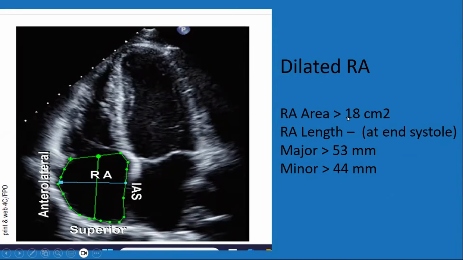The RA area is independently considered abnormal at more than 18 square centimeters. And this time the guidelines have also introduced for the first time the right atrial volume index, like the left atrium. So we'll know the values very soon.